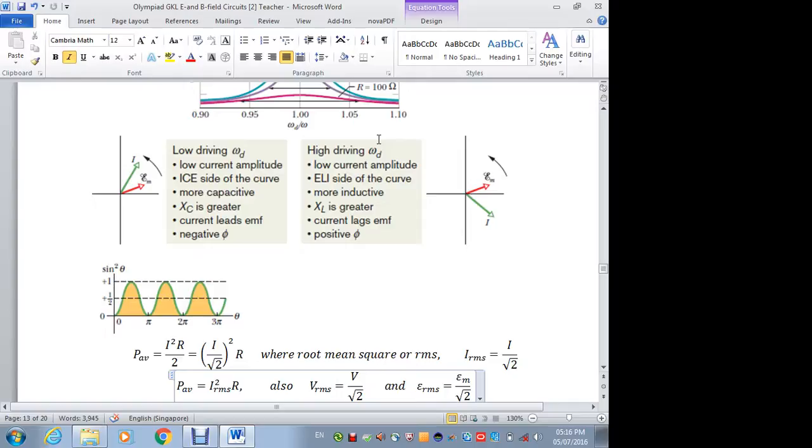Now, sometimes when we do AC circuits, especially the sinusoidal ones, we have a root mean square value. How do you define this root mean square value?